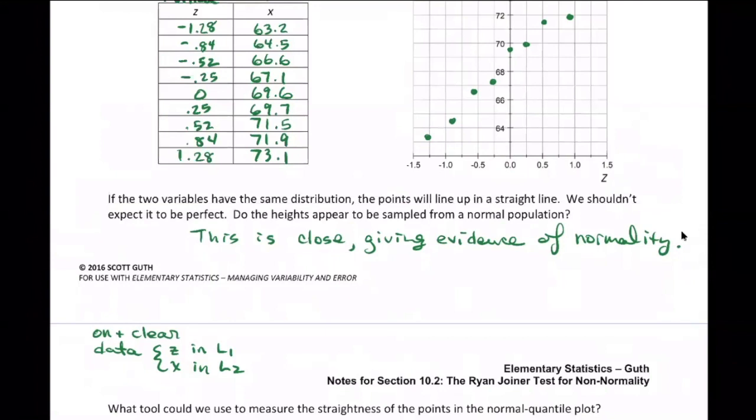Okay, so now, once you get them all in, you press clear. Then second data, and then just pick 2 variable.